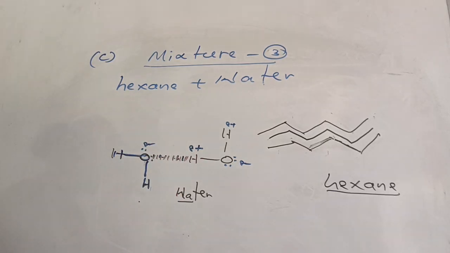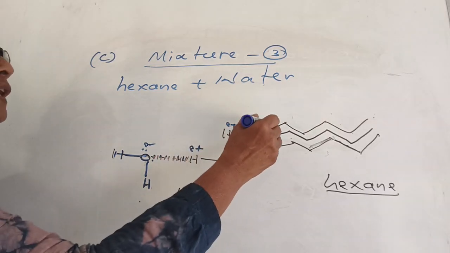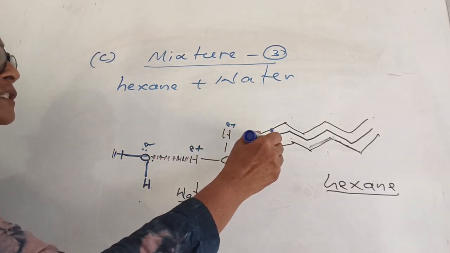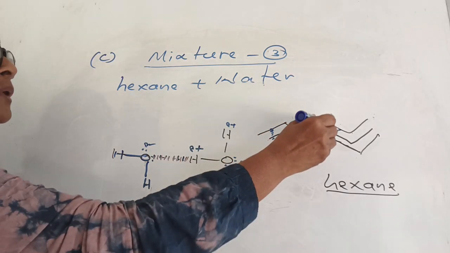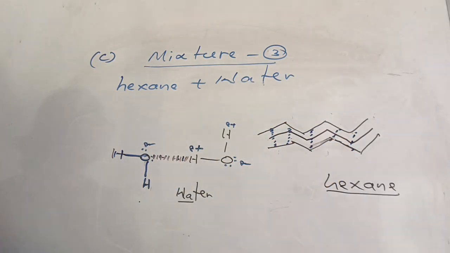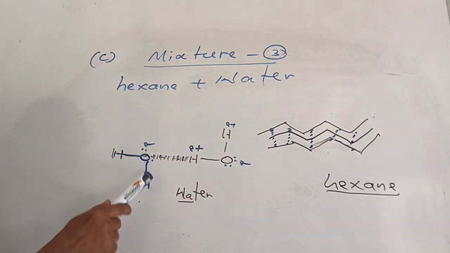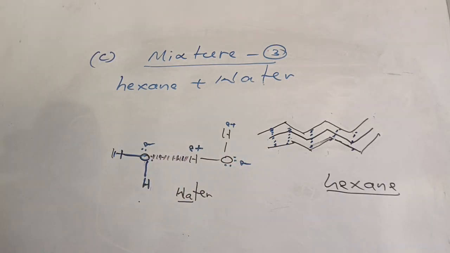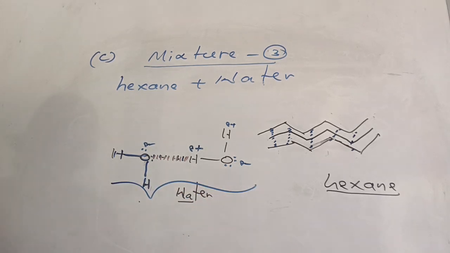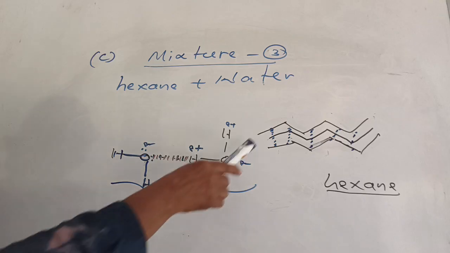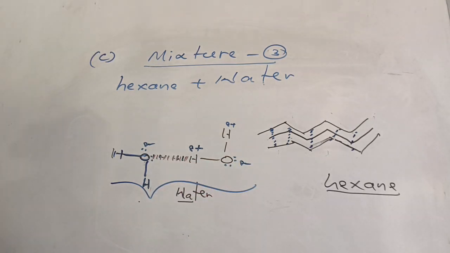But hexane molecules are held together by very weak London forces, instantaneous dipole induced dipole interactions, which are much weaker. They are unable to disrupt the strong hydrogen bonding in water, so water molecules cling to each other and stay separately, while hexane also clings together and stays separately.